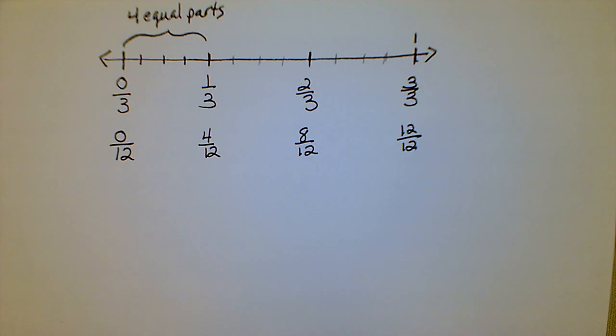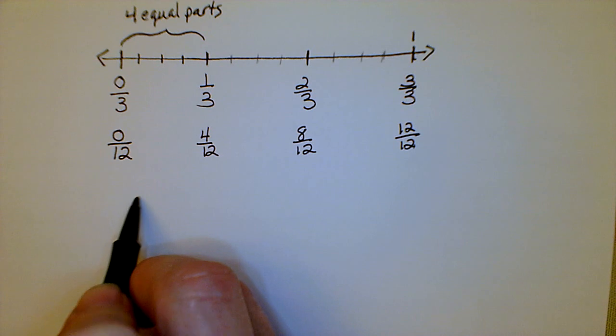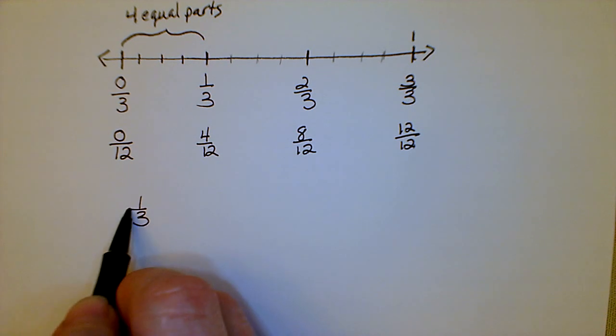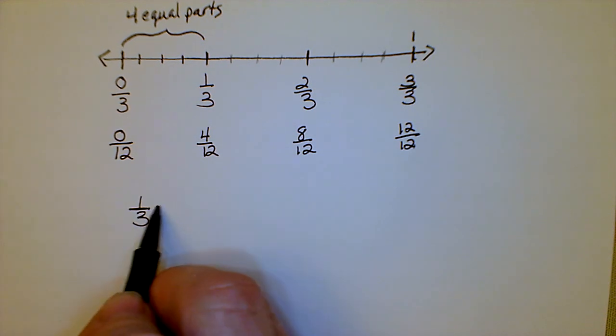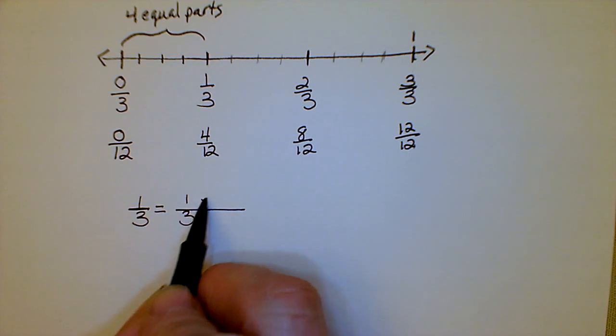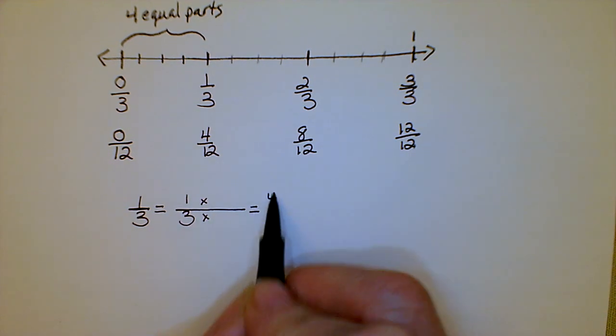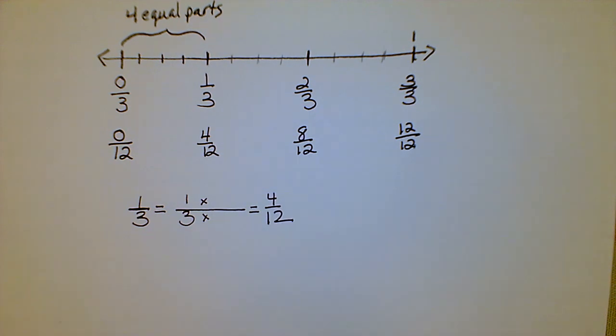The pieces are smaller, but we're making more of them. So I would start with my original fraction, which was 1/3. And then I'm going to show what I'm doing with it, and we already said we're multiplying. And then I'm going to set that equal to 4 12ths, because that's what I wanted to end up with.